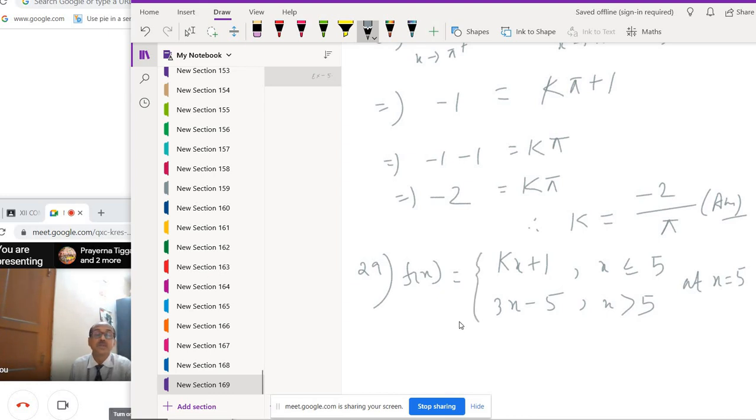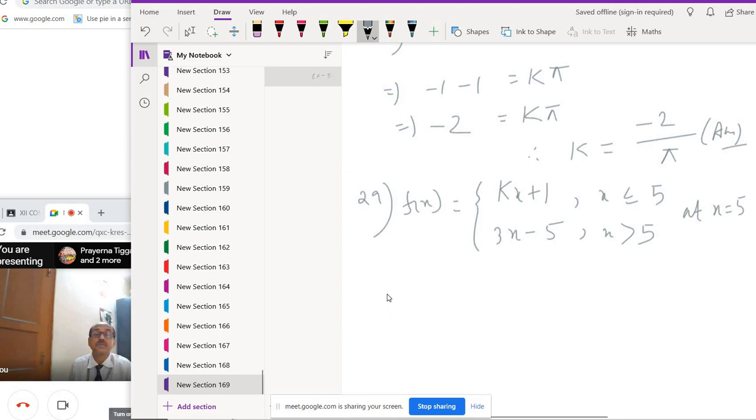Okay, so the right hand limit, that is limit x tends to 5 plus f(x).